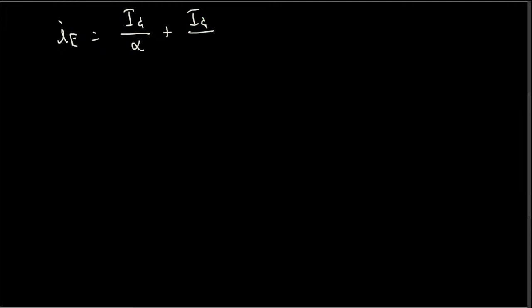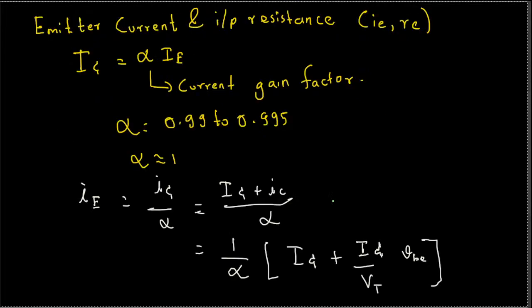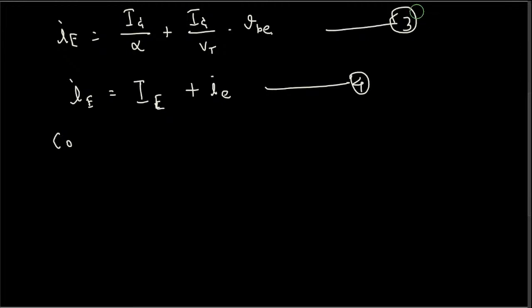This total emitter current is also equal to the DC component, capital IE, and the AC component, small ie. Let's call this equation 1 and this equation 2.